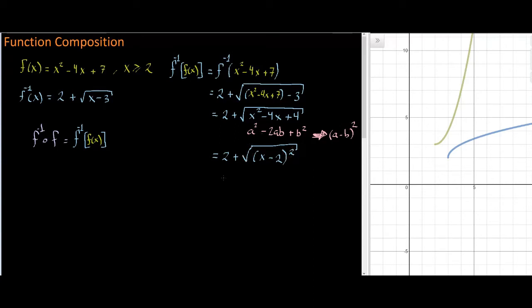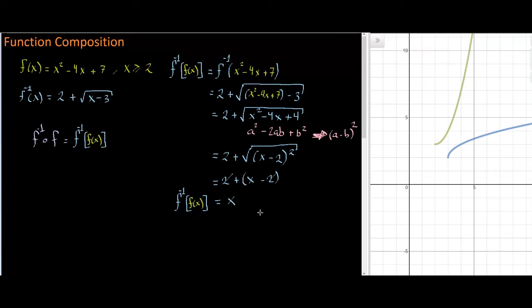So we are going to get at the end 2 plus x minus 2. So at the end, we can cancel out this 2 and this negative 2, and we get that f inverse of f of x is equal to x.